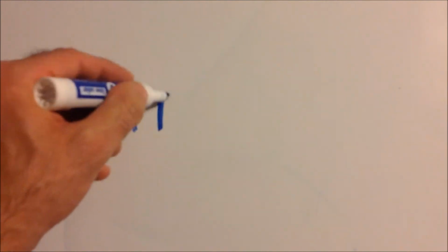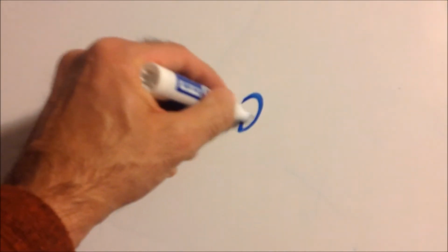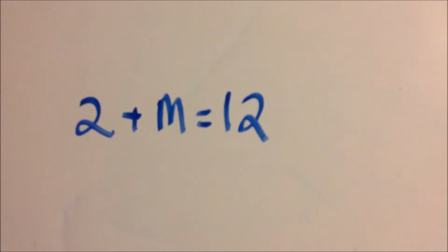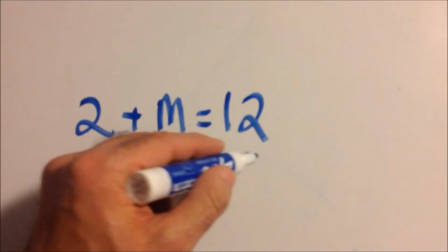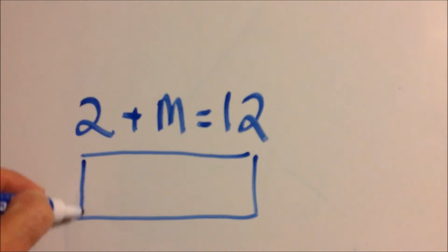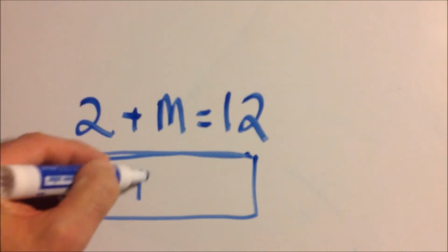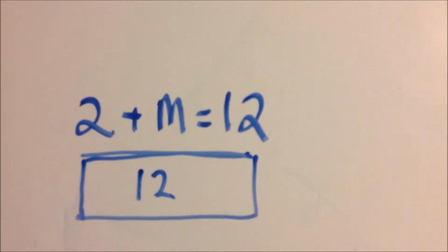Okay, so let's try this one. How would you model now 2 plus m equals 12? Model that with bars. Okay, should pause the tape. So again, the whole amount, the amount we're trying to get is 12. Right?